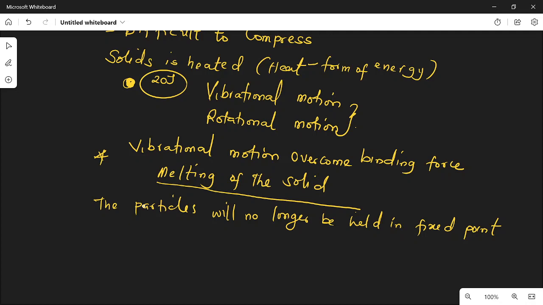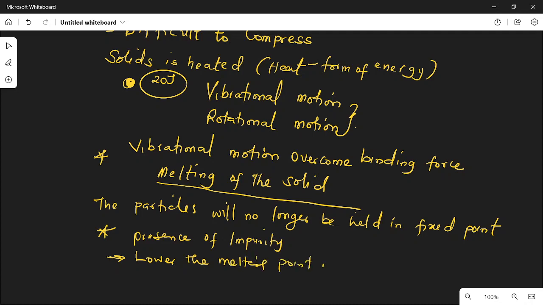Another thing we should note about solids is that if there is presence of impurity in a solid, the effect is that it will lower the melting point of the solid, and it will cause it to liquefy gradually instead of suddenly.